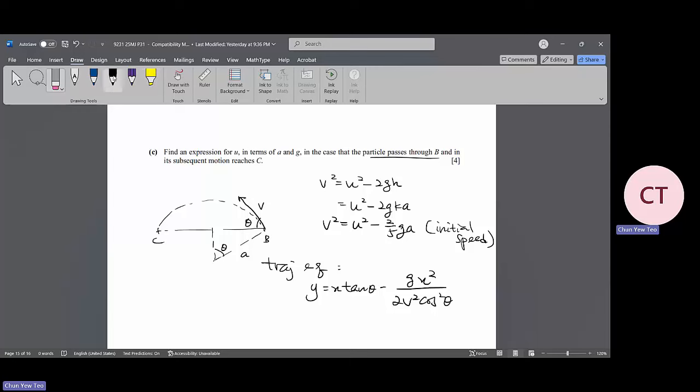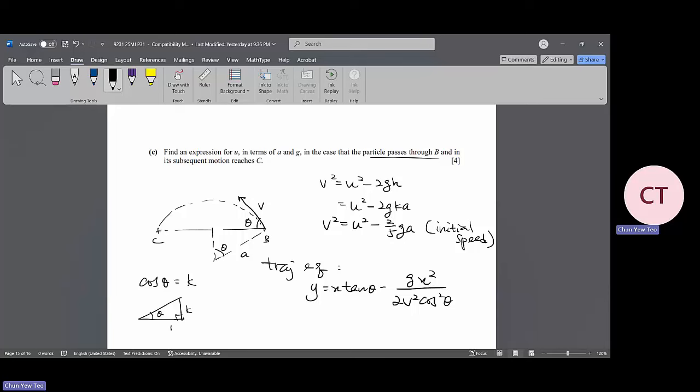But since I will be using tangent theta, I will need to draw again, because just now I know that my cos theta is k. So if we use the right angle triangle over here, this is the k, this is the 1.